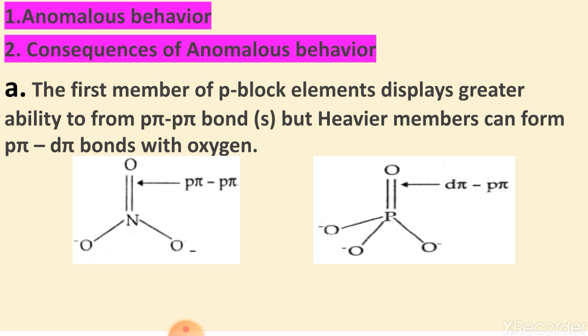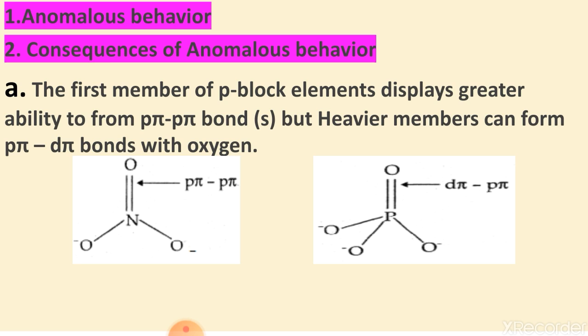That means the pi bond formed between phosphorus and oxygen is basically d pi p pi, that is, the d orbitals of phosphorus are involved in pi bond formation, but the p orbitals of oxygen are involved in pi bond formation. So that's why the bond is d pi p pi.